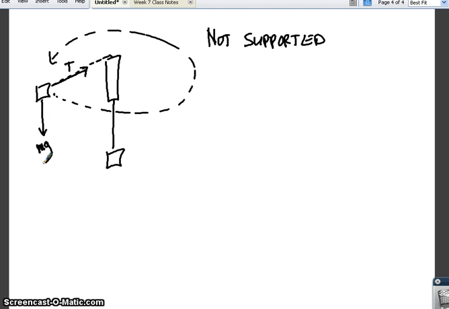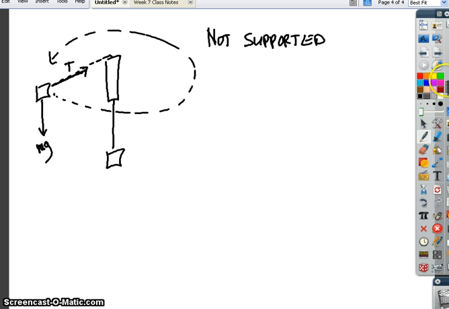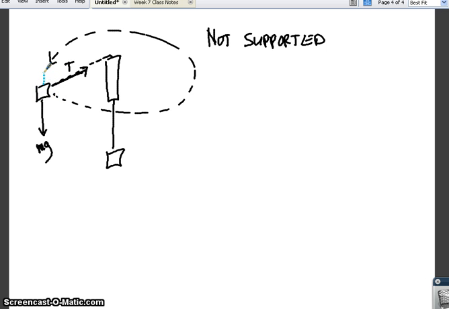What is gravity going to be equal to? If we break this down into its components, gravity is going to be equal to the vertical component of T, and the centripetal force is going to be equal to the horizontal component of T.